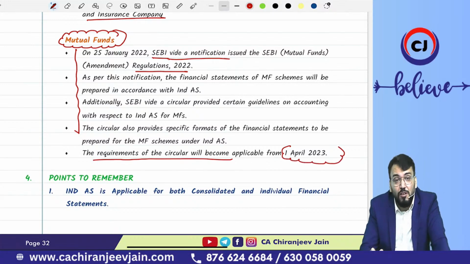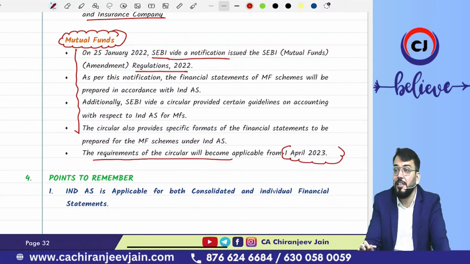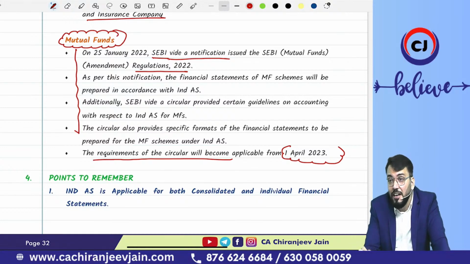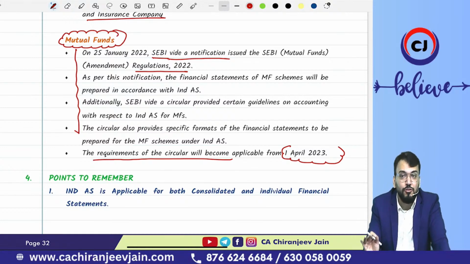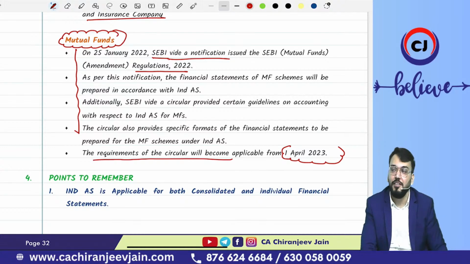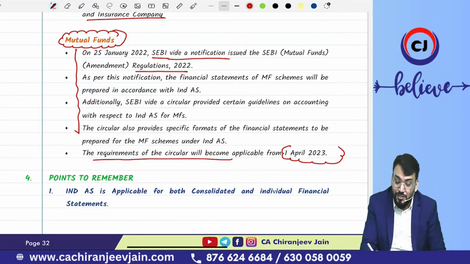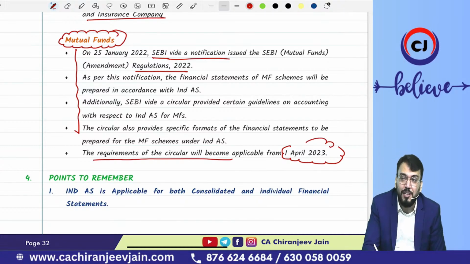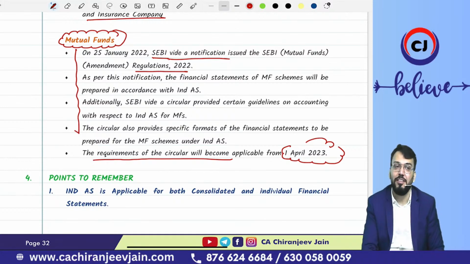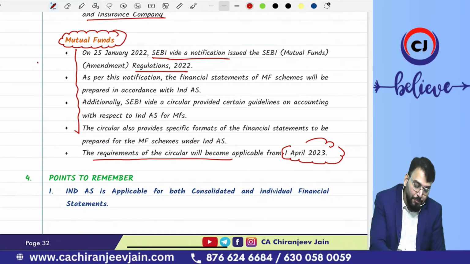So for all mutual fund companies, IND AS will be applicable from 1st April 2023. Understood? Correct. This is a recent amendment, so it might be important from the MCQ point of view. For mutual funds, IND AS will be applicable from which date? From 1st April 2023. Correct.